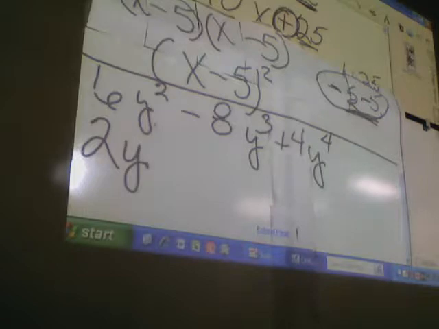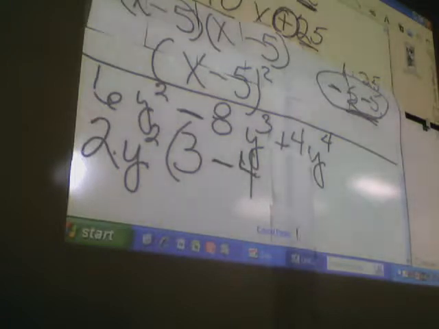They all have at least 2 y's in them. Our first term will be 2 times 3 is 6, so 3. Do we need a y? No, and we put a minus because there's a -8 there. So minus 2 times 4 is our 8. Do we need a y? Just 1, right? And then we put a plus, 2 times 2, and then we need a y squared.